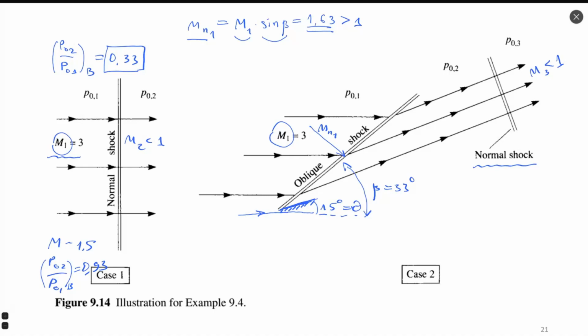And I will look at two parameters: first, the drop of stagnation pressure, and second, the Mach number after the shock wave. I will not calculate the other thermodynamic properties now, because we have just the Mach number as input, so we cannot calculate pressure, temperature, or density without thermodynamic properties as input.